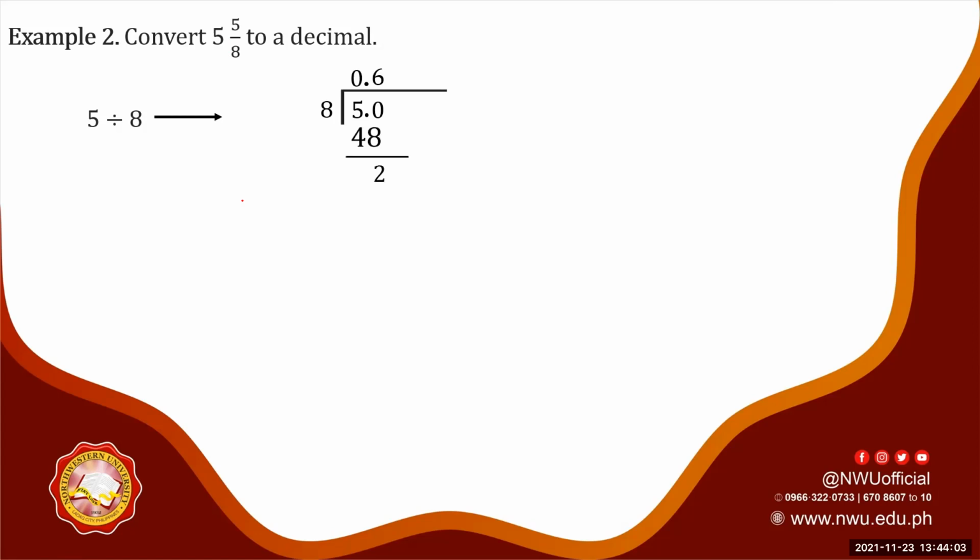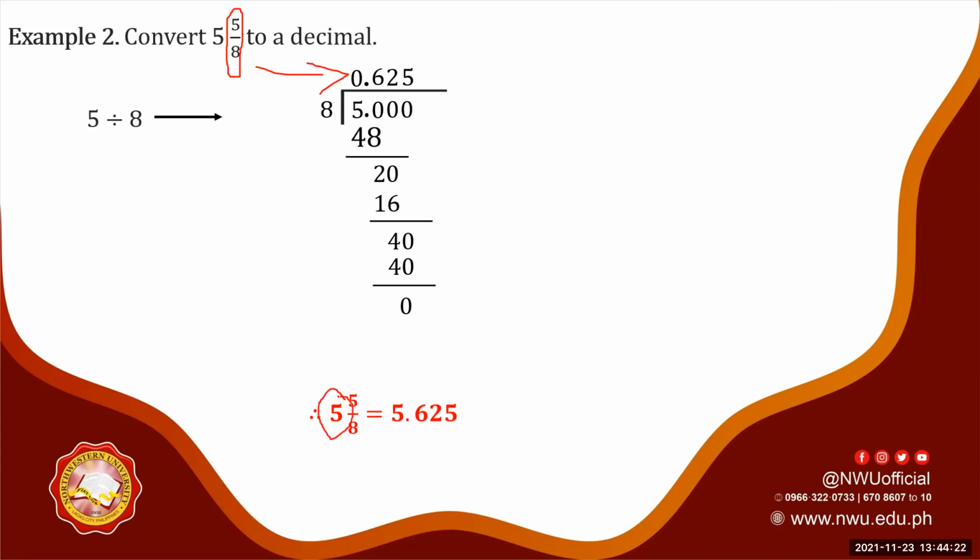Subtracting, you get 2, and you can continue that until you come up with a remainder of 0. So the equivalent of our fractional part is the decimal number. And don't forget, as I said earlier, the whole number of the mixed number will also become the whole number of our decimal number. Okay? So whole to whole, fractional part to decimal part.